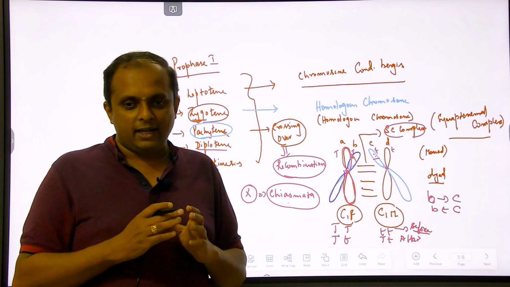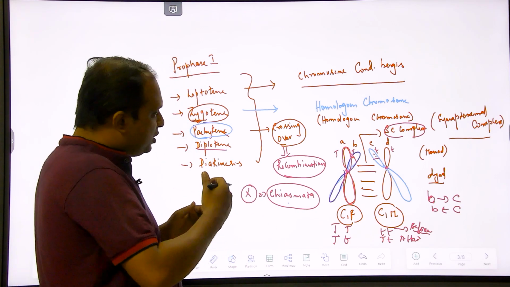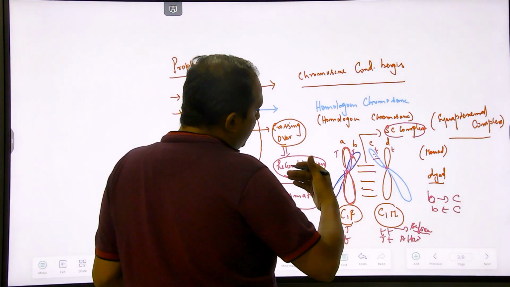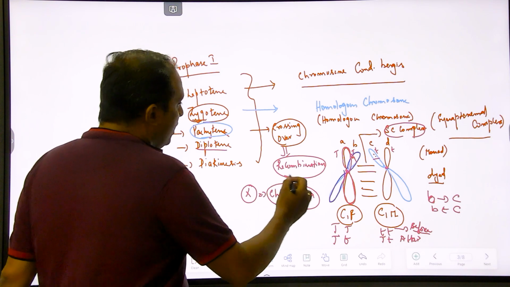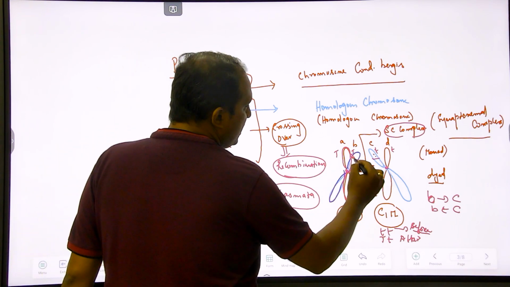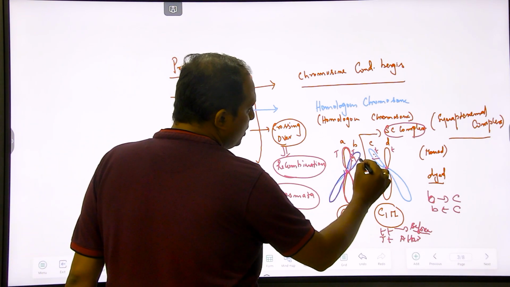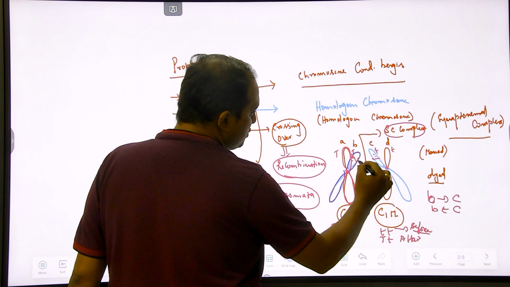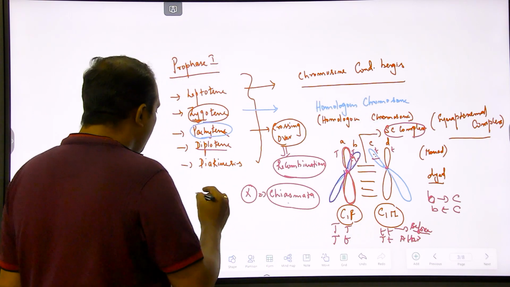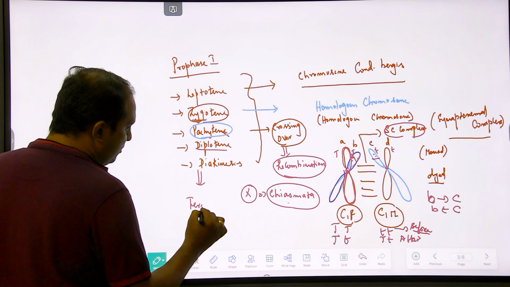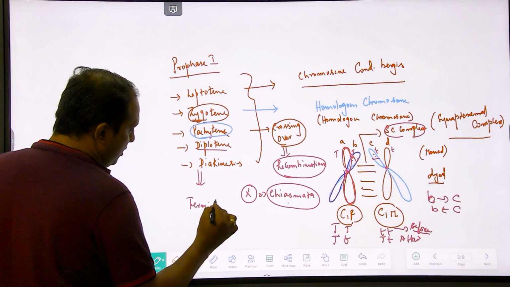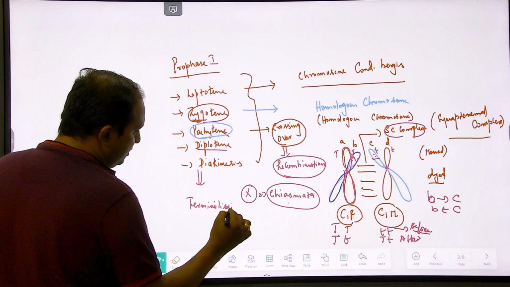and diakinesis is going to be the terminal phase of prophase 1, where the X-shaped structure is moved towards the end. Say for example, here is where the chiasmata is formed, right? So this X-shaped structure is going to move towards the end of the chromosome, which you call a process called terminalization.